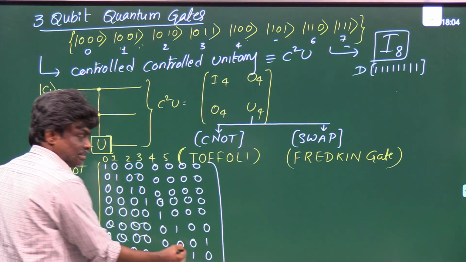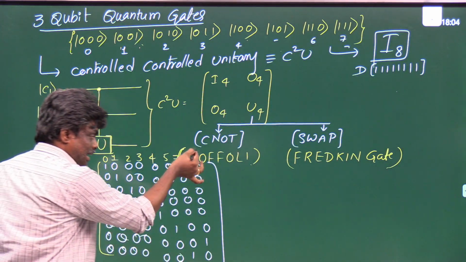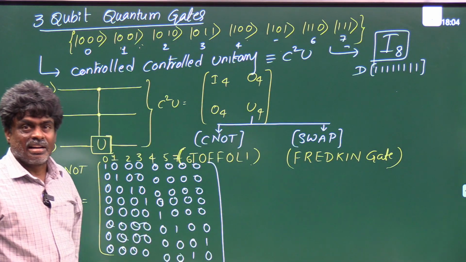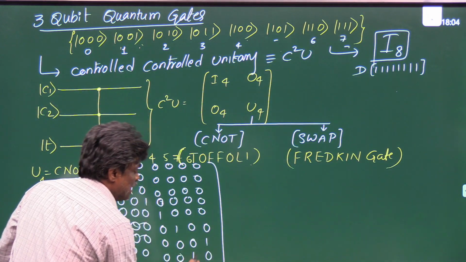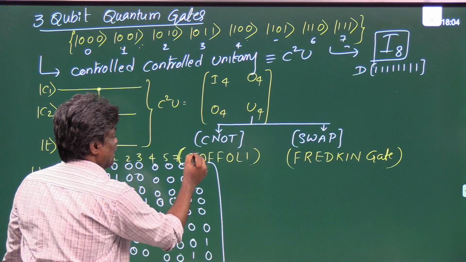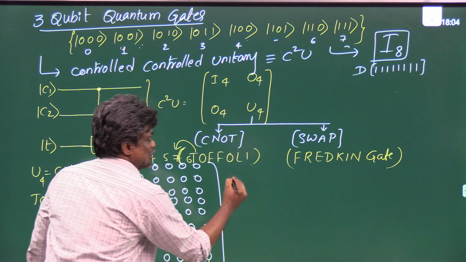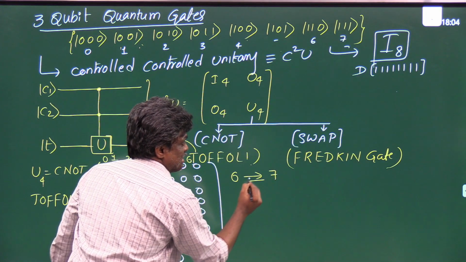Is it 6? No, it's a 7. Is it 7? No, it's a 6. That's it. I hope now you understand what a Toffoli gate is doing. It is interchanging 7 and 6. So the Toffoli operation takes 6 to 7, 7 to 6.